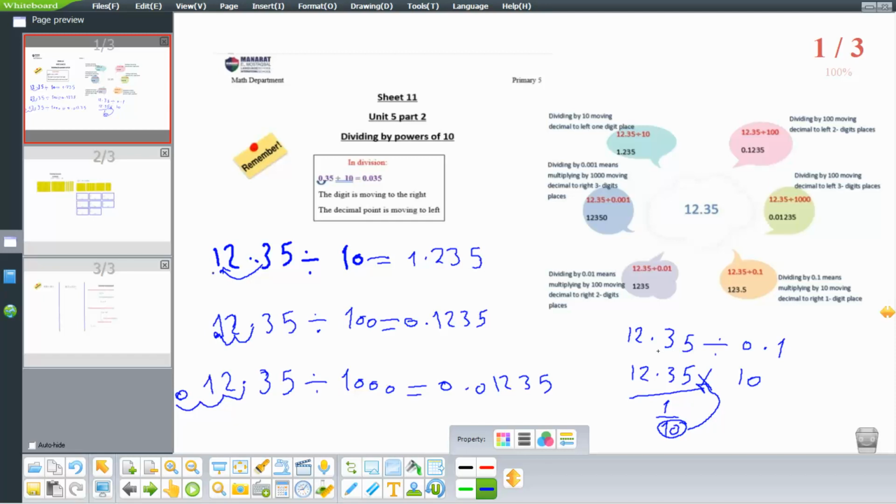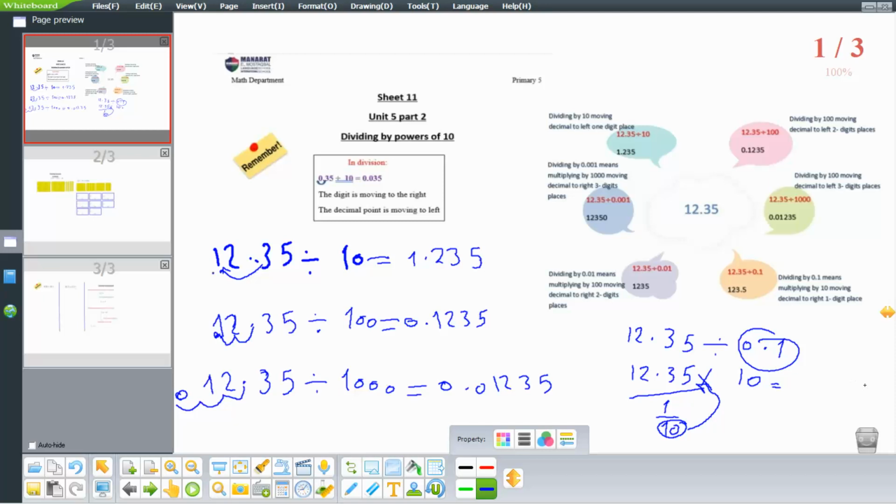Never forget this. So 12.35 divided by 0.1 we need to convert: it will be 12.35 times 10. In this case, we only convert divide into multiply by 10.